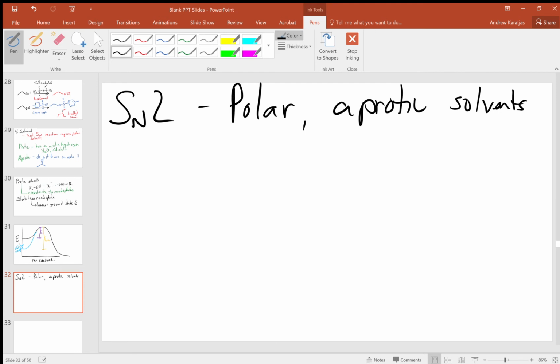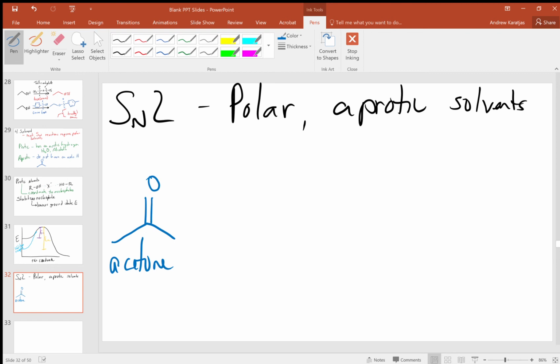What are some examples of these? Well, acetone is a good example. If you take Organic 2 lab with me, we very likely will be doing a lab where we compare SN1 and SN2 type reactions.